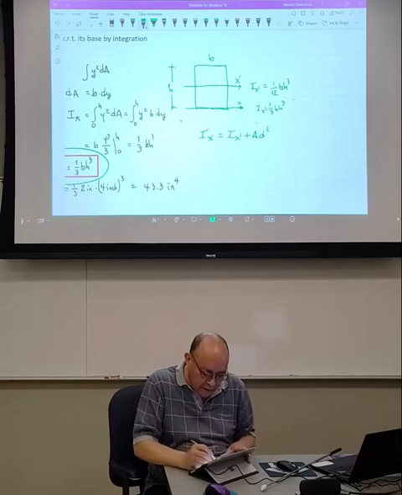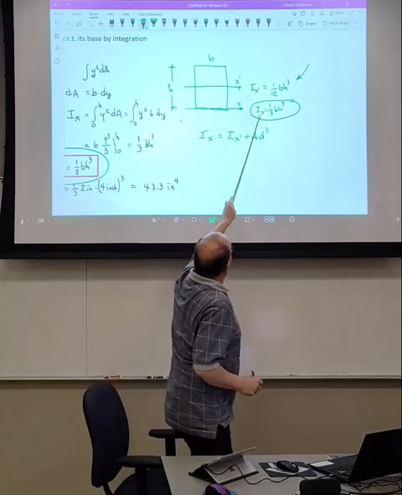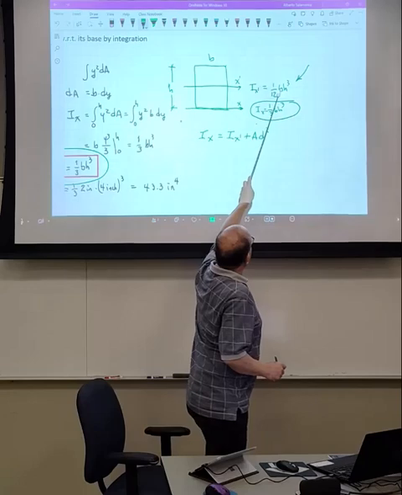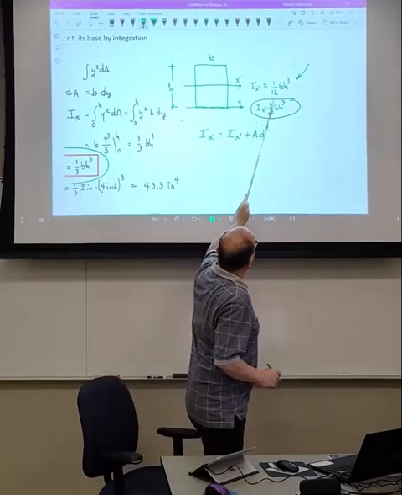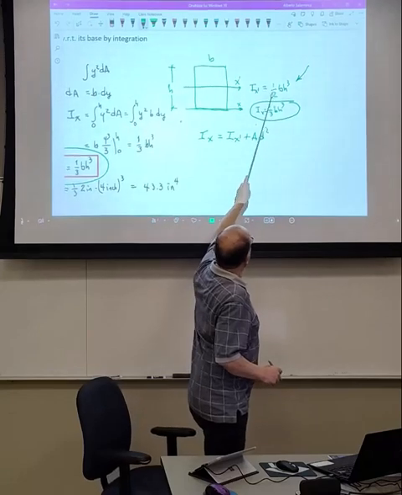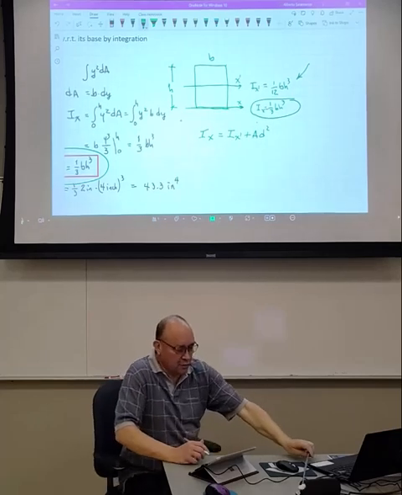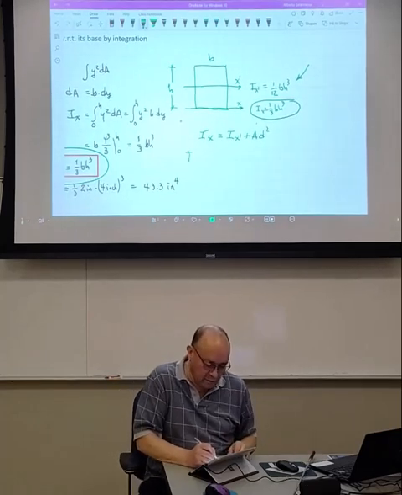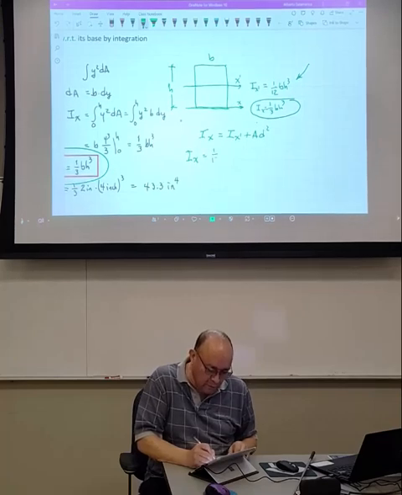So I'm going to calculate Ix using this value to see if I arrive at that value. Based on this, I use this equation to find this. We got the 1/3, so Ix will be equal to Ix prime, which is 1/12 b h cubed, plus A d squared.